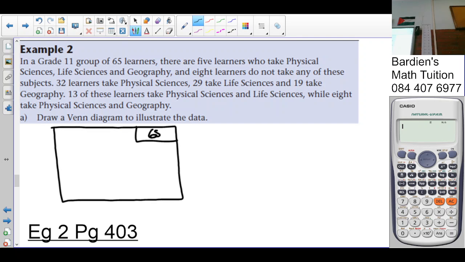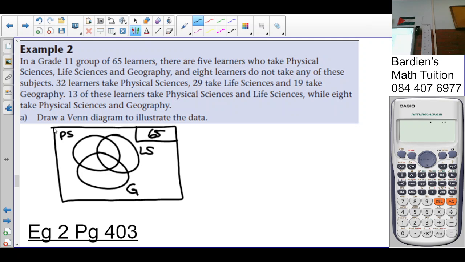There are 65 learners. There are 5 learners who take physical science, life science and geography. So we have physical science, life science and geo. So since 5 takes all 3, 5 will go in the middle.